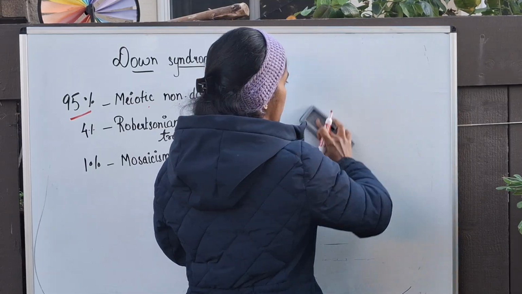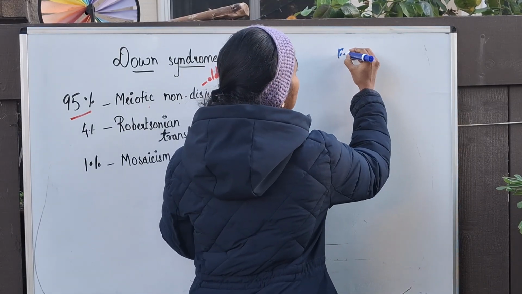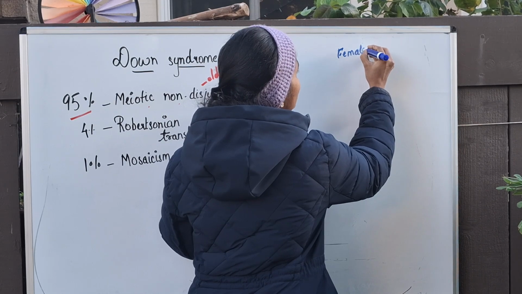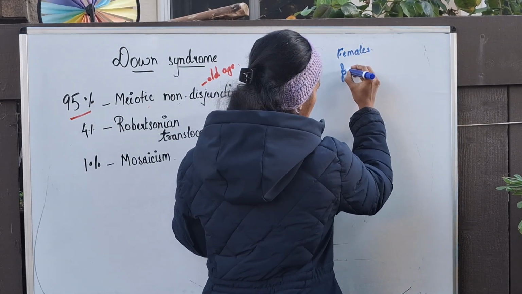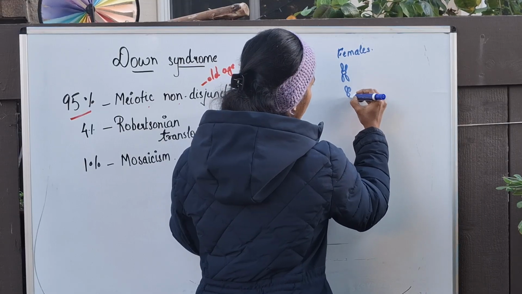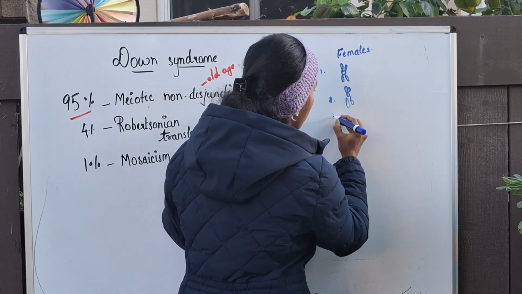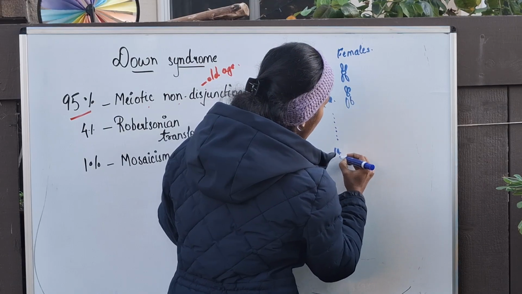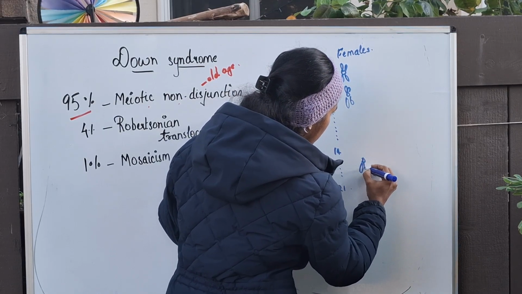In Robertsonian translocation, the females will be carriers. They will be balanced carriers. In what sense? They will have the first chromosome, the second chromosome, all normal, but the 14th and the 21st chromosome alone will be together.